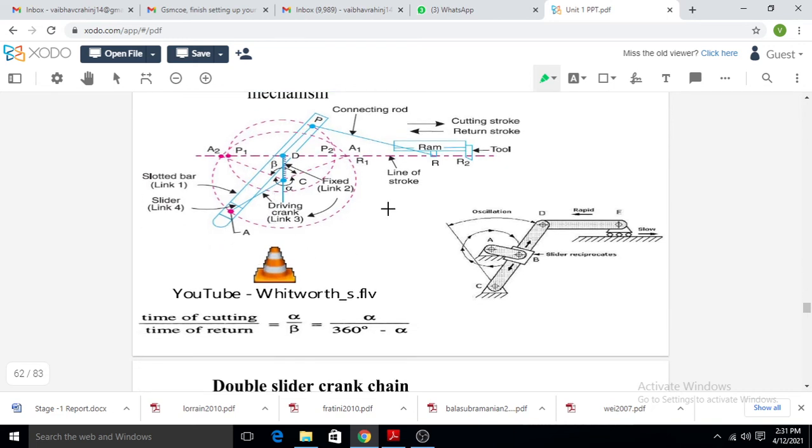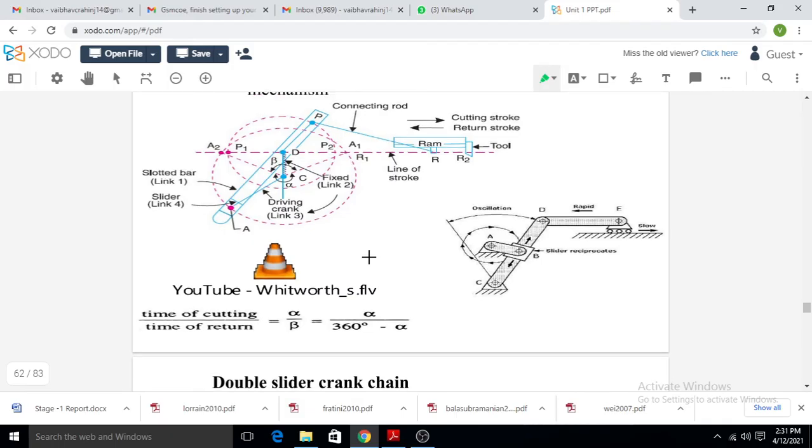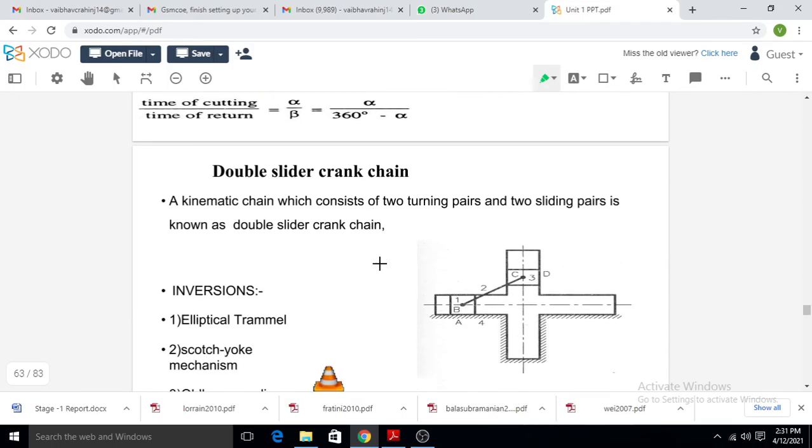It is opposite to that of the crank and slotted mechanism. This is another example of the single slider crank mechanism.